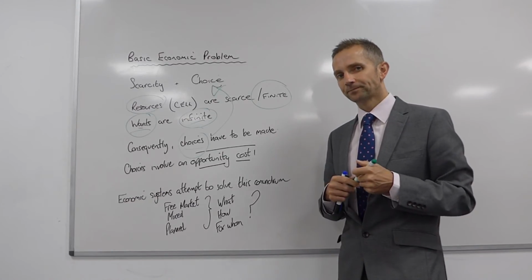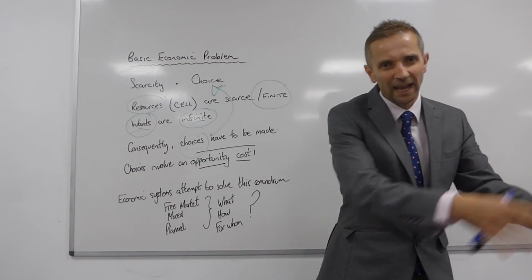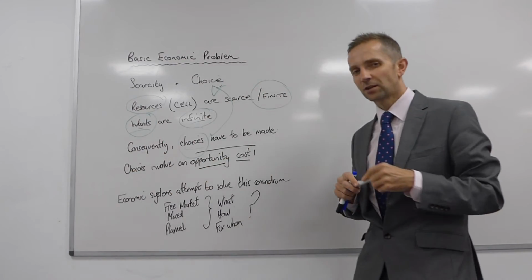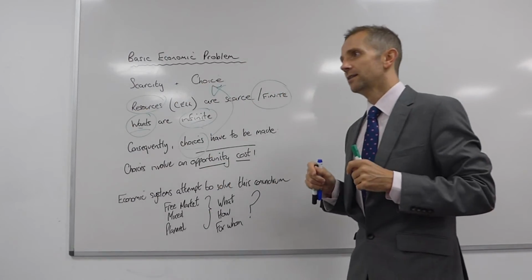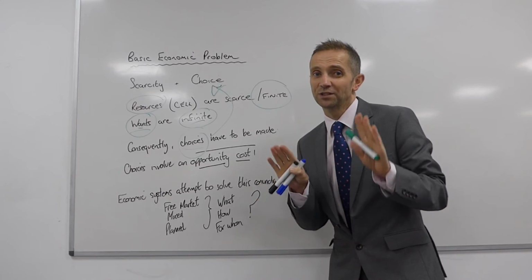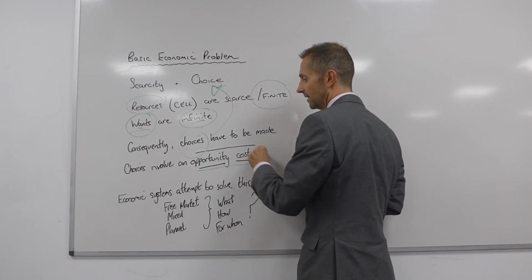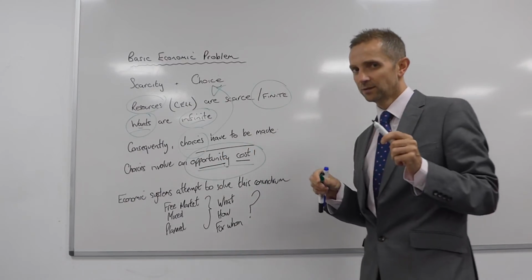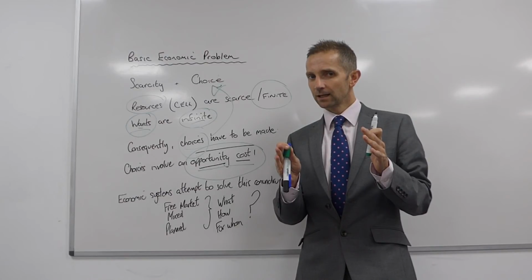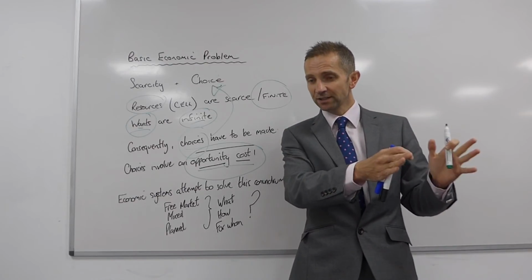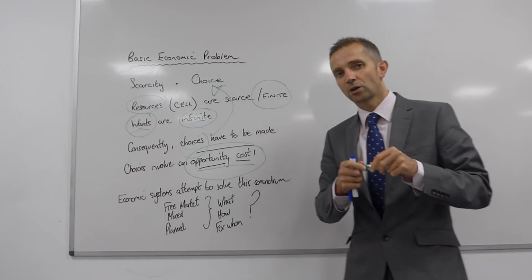Now, of course, when you make a choice, so you decide to do option A rather than option B, so the government decides to pump money into health rather than into education, then education loses out and education suffers. And we refer to that as being the opportunity cost. So if you pump money into one area and then the other area doesn't get the money, then that is the opportunity cost.